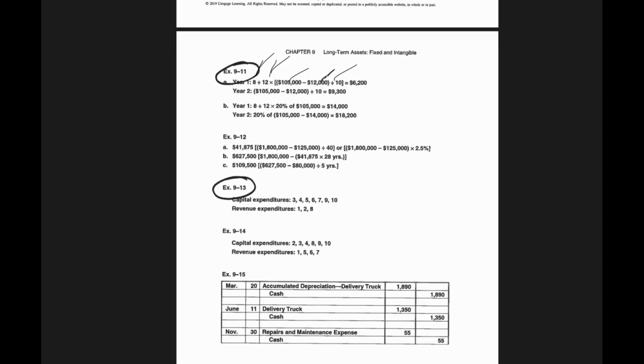So 105 minus 12 divided by 10, times 8/12, or 6,200. In year 2, we don't need to do all that calculation. It is just 105 less the salvage divided by 10, because in year 2, we will have it the full 12 months. It's year 1 where we only had it for 8 months.